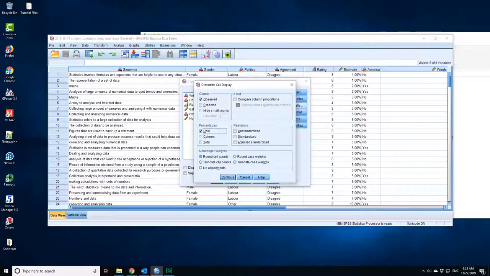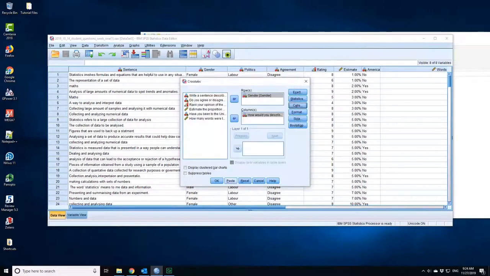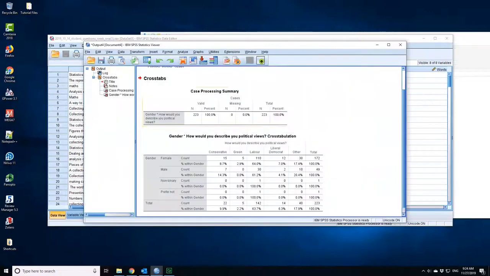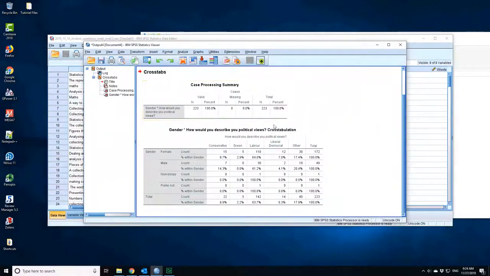Because if you've got very different totals in each of the rows, which I have here because there were a lot more women than men in the survey, then it's difficult to see on its own whether the proportions have changed. So if I press continue and OK, now I get this summarized cross-tabulation.